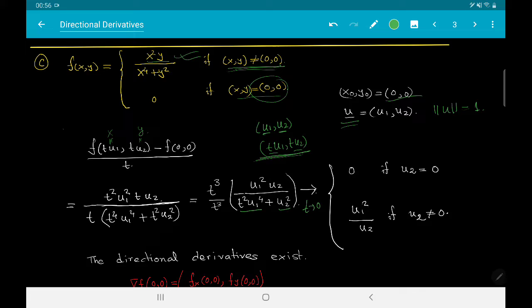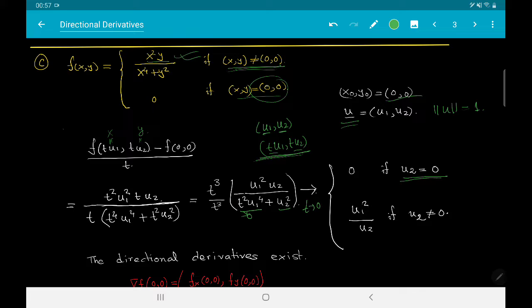If u2 is equal to 0, the numerator vanishes and consequently the limit is 0. But if u2 is not equal to 0, then as t tends to 0, this term becomes 0, and we are left with u1 square divided by u2.